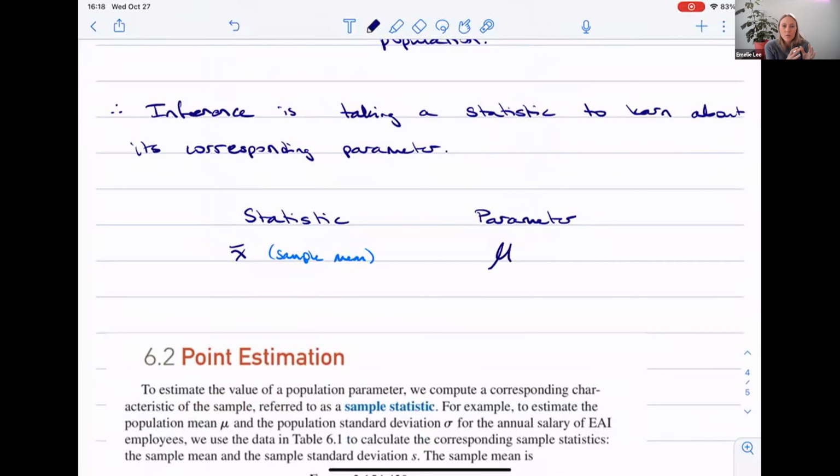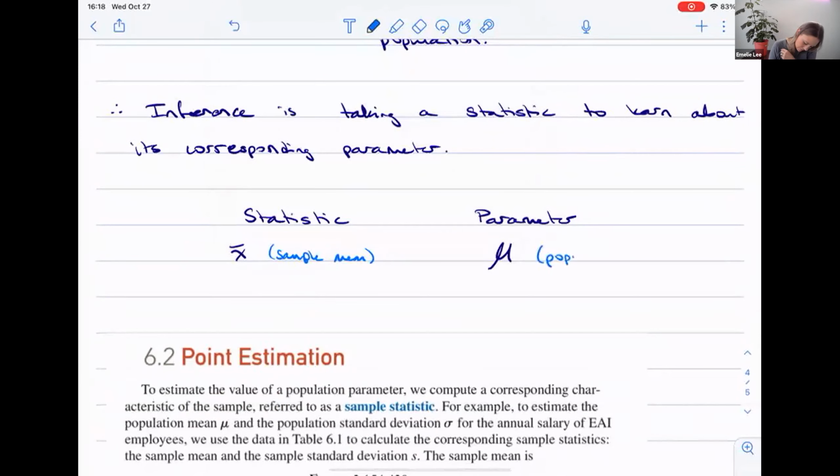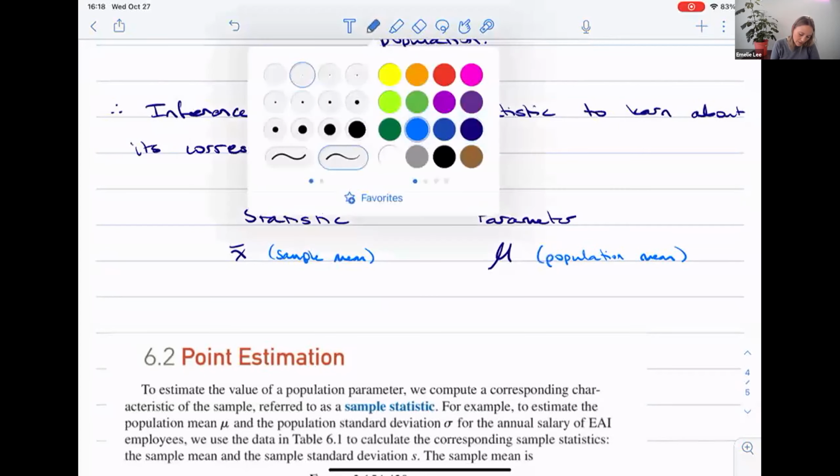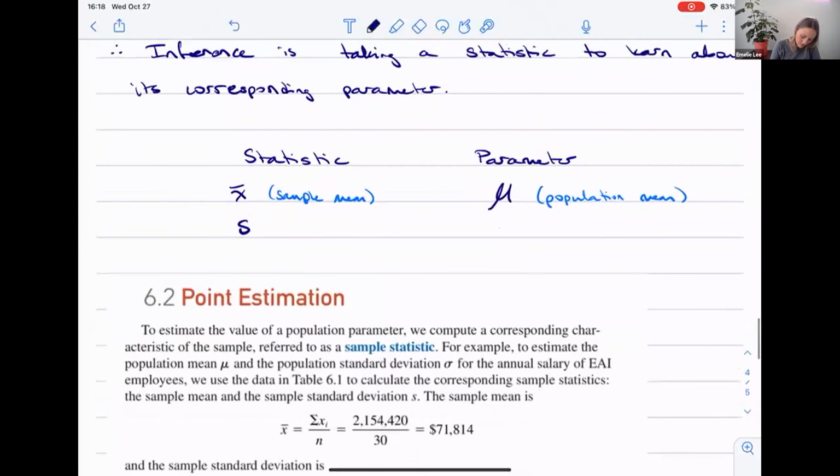We would use X bar to try to learn about mu, which is the population mean. Same thing with S versus sigma.